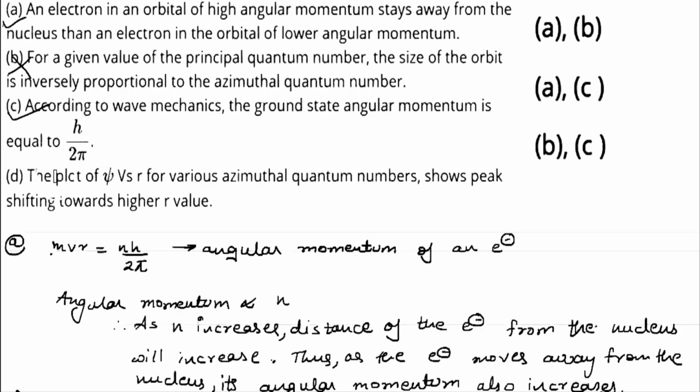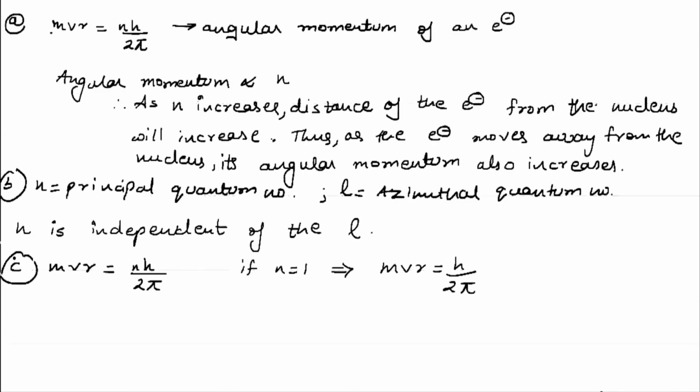Now let us analyze D. D says that the plot of psi versus r for various azimuthal quantum numbers shows the peak shifting towards the higher r value. Psi is the wave function, related to the probability of finding an electron.